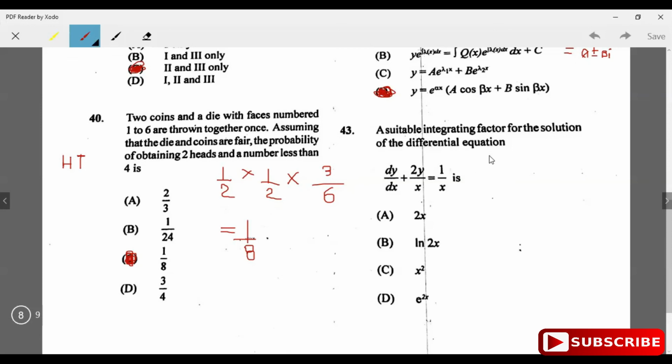Now it asks for the integrating factor. What did I get for this again? The integrating factor is e to the integral of 2 over x.